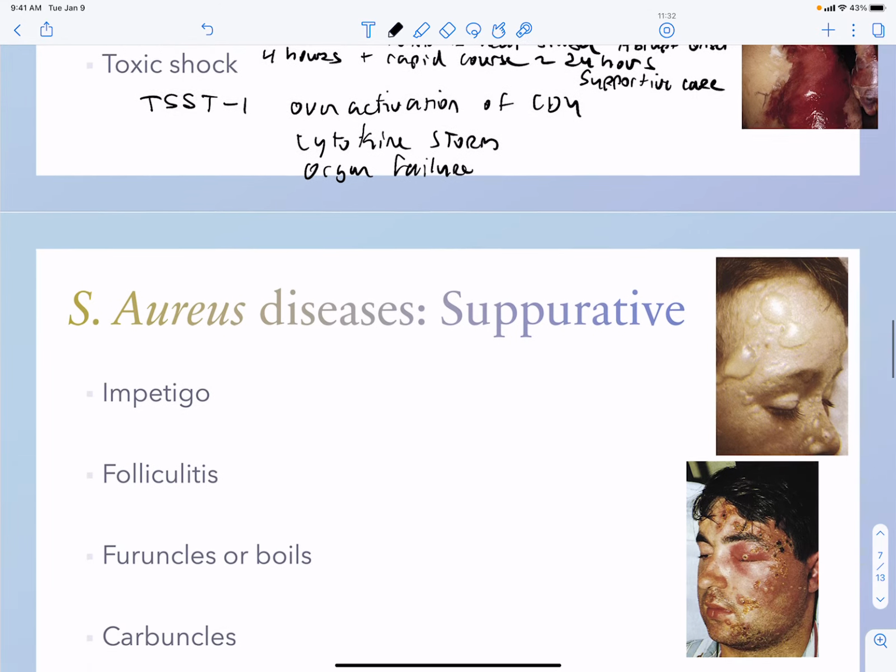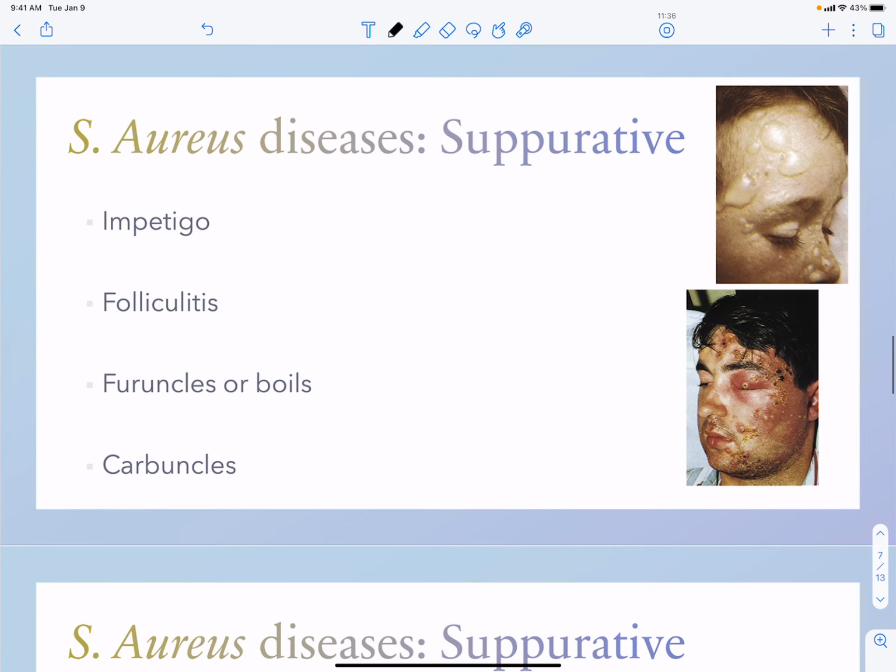Now, Staph aureus doesn't only have toxins that are causing disease, they also have suppurative diseases. And so it can cause impetigo, which is going to affect young children. And impetigo is shown here. And it's going to start with a flat red spot, a small macule, which is a flattened red spot.